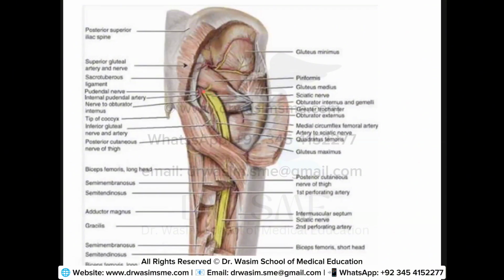Now the sciatic nerve is present beneath the piriformis, and it passes in a curvy linear pathway, and it supplies all the muscles of the posterior compartment of the thigh. Later on, it divides into tibial as well as the common peroneal nerve, which we will talk about in detail in coming slides.